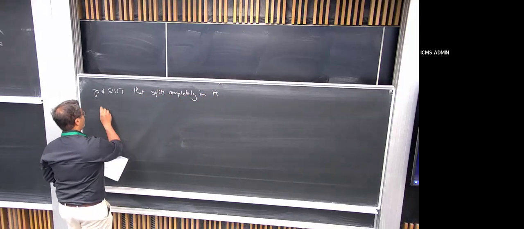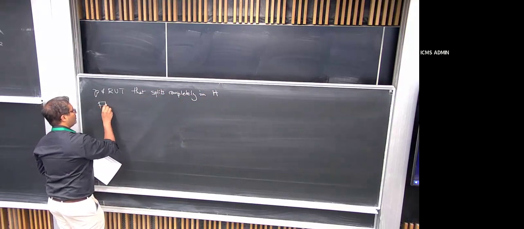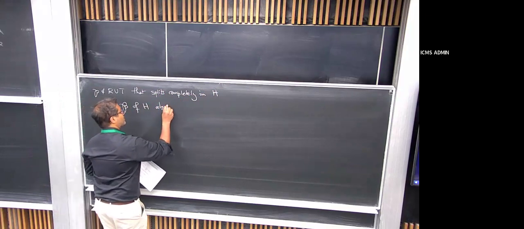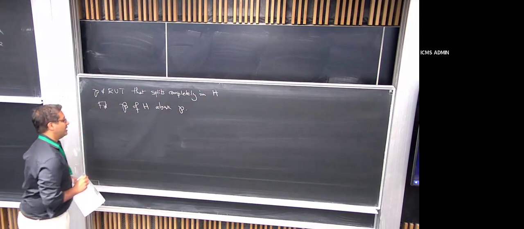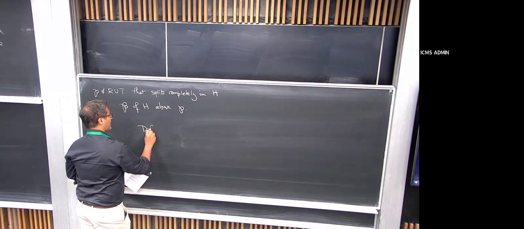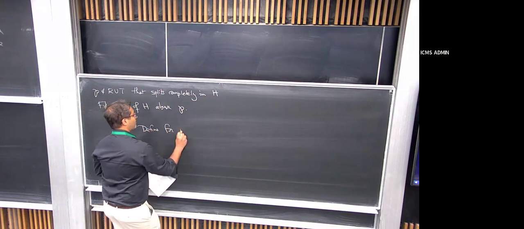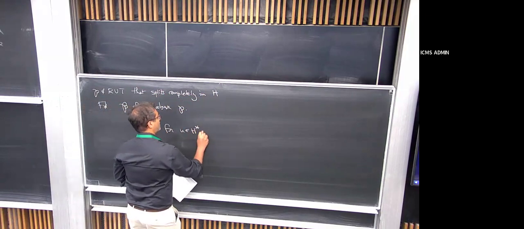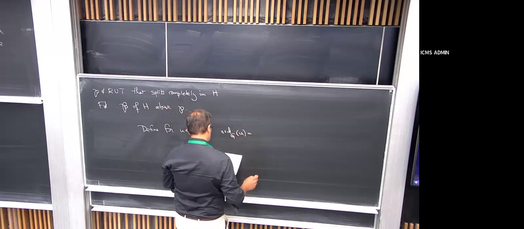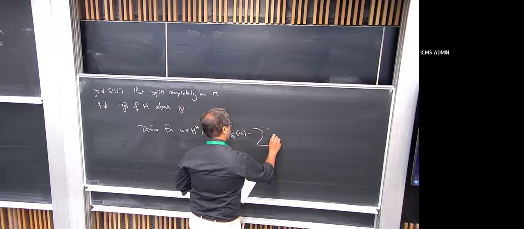Oh yeah, and then we fix a Gothic P of H above this lowercase Gothic P. And we define a map for anything in H star. We define ord sub G of U to be this element in the group ring.